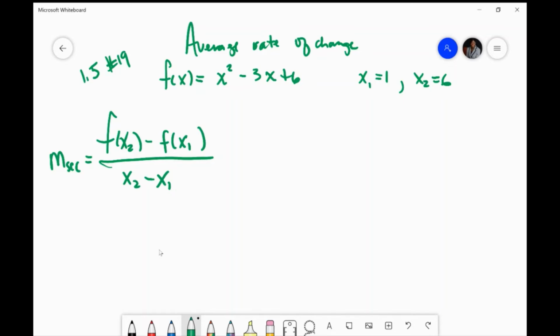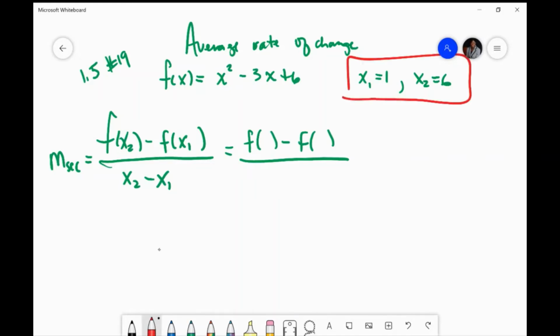All right. So in this case, what is our x2? 6. So I'm going to go ahead and put them there because that's what x2 is in the formula. What about x1? 1.